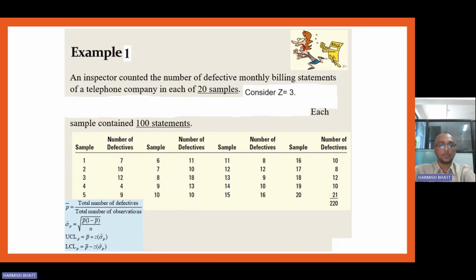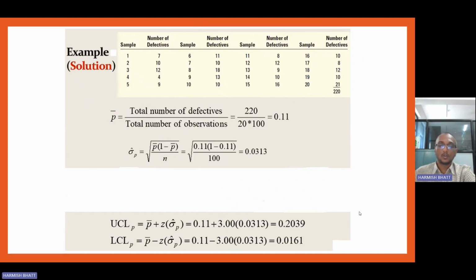Now, by using the equations given below, we will decide the value of UCL and LCL. P bar is equal to the total number of defectives divided by the total number of observations. As we discussed earlier, the total number of defectives is 220, the summation of the number of defectives for each sample.